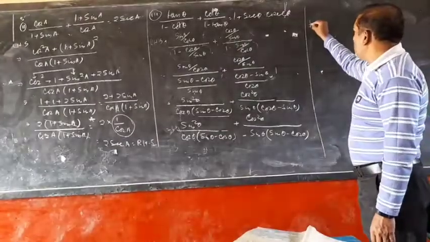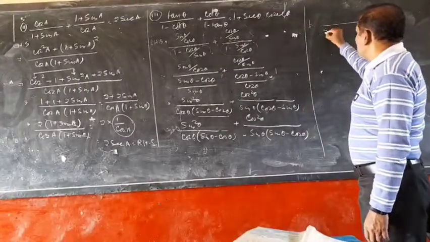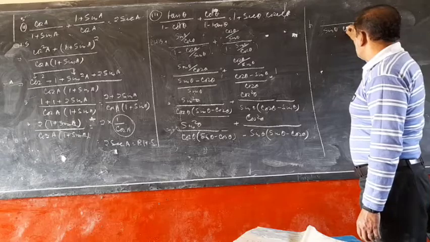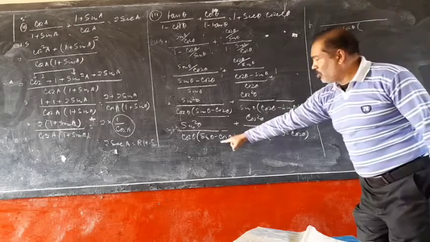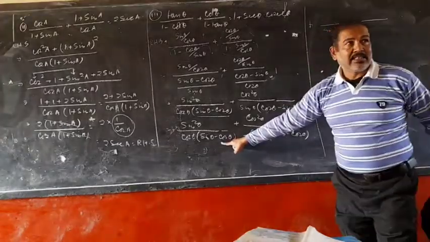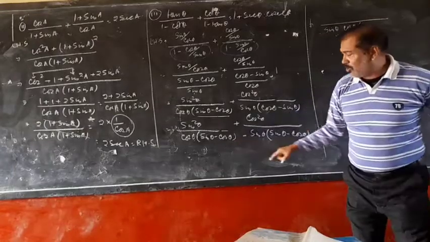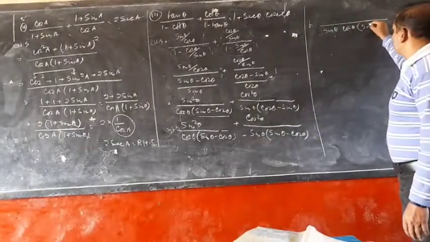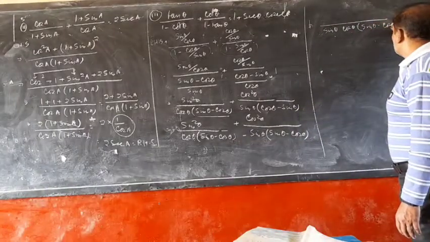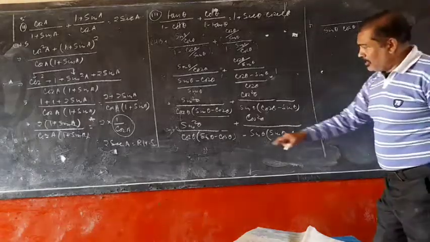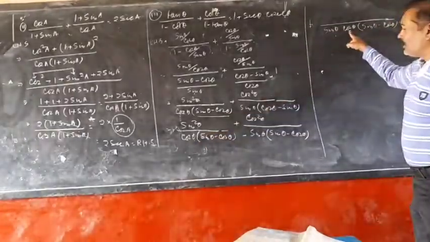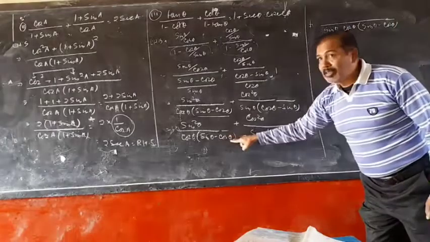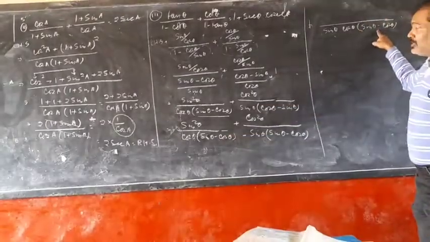So what will be the common LCM here? Sin theta into cos theta, and this term is common. Sin theta minus cos theta. Okay. Now here, cos theta and cos theta cancel. Sin theta minus cos theta is also cancelled.